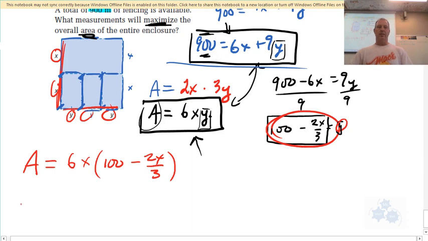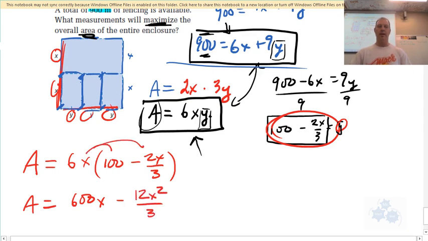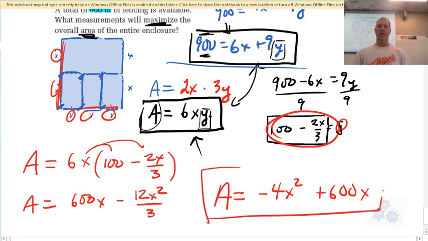All right, and let's expand that out to see what we're going to have. 600x minus 12x squared over 3, right? When you expand this out. So the area is actually going to be equal to negative 4x squared plus 600x. And here we now have an equation that's a parabola.